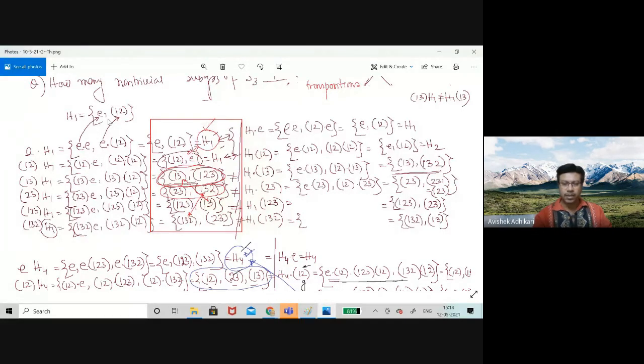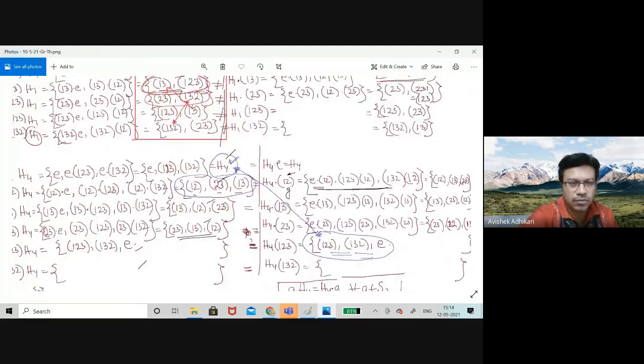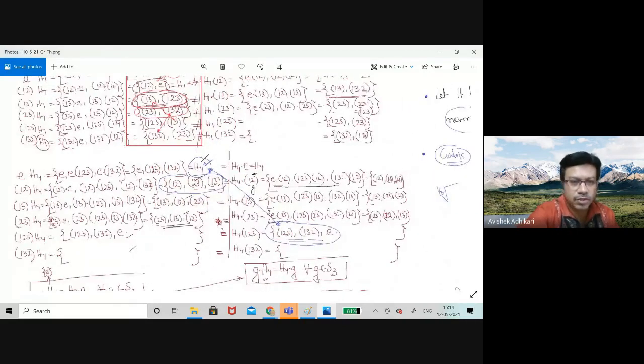But instead of taking H1, if I consider another subgroup, which was my H4, H4 is nothing but our alternating group A3. That means {E, (1 2 3), (1 3 2)}. If I consider this, then we see that in each case all of them are equal: E·H4 equals H4·E.